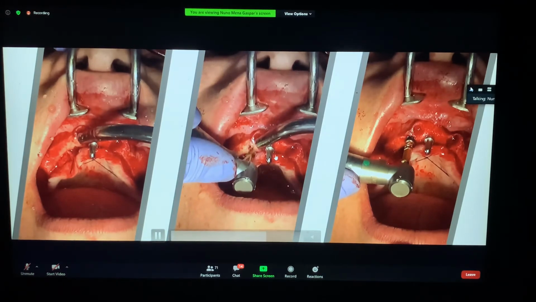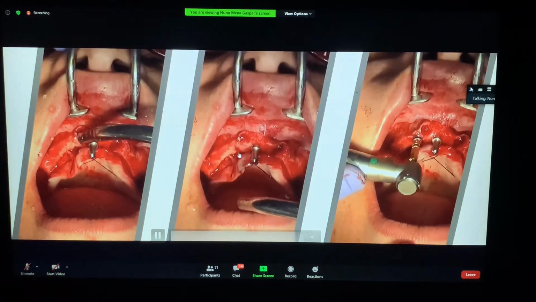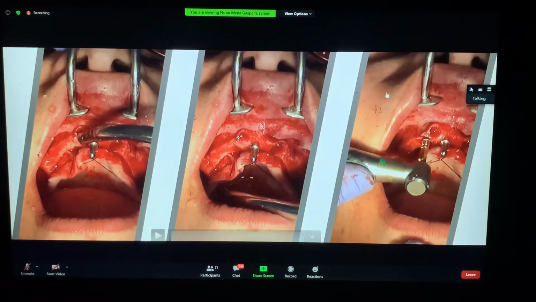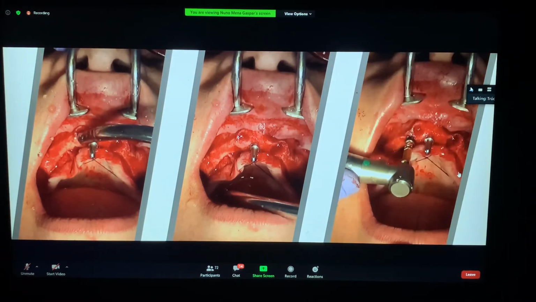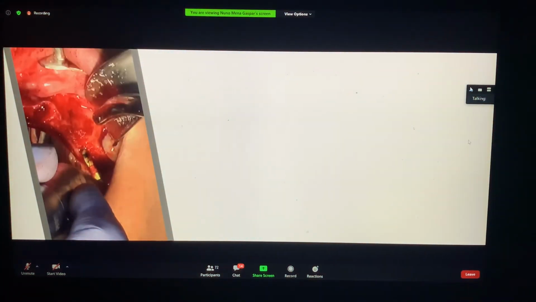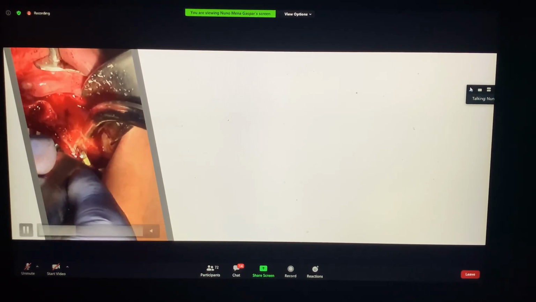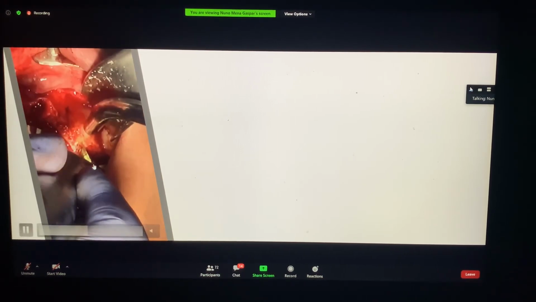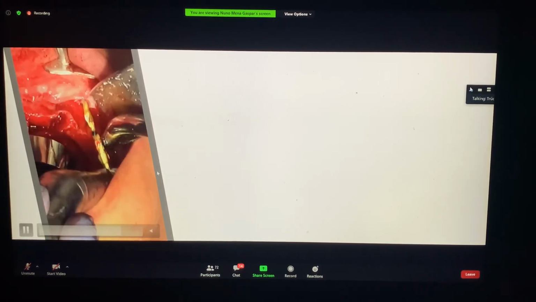Ở đây mình có thể khoan thêm. You notice the corticalization here and the implant placement. Và bắt đầu đặt implant. And on site 25, notice the bone is much softer. Và mình khoan và mình đặt hai cái implant ở phía trước.